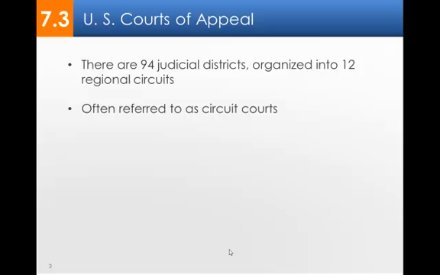The U.S. Courts of Appeals, there are 12 regional circuits. We're going to see a map here in a second. Oftentimes these are called circuit courts or the Circuit Court of Appeals. And these courts only have appellate jurisdiction from the district courts that make up each circuit.